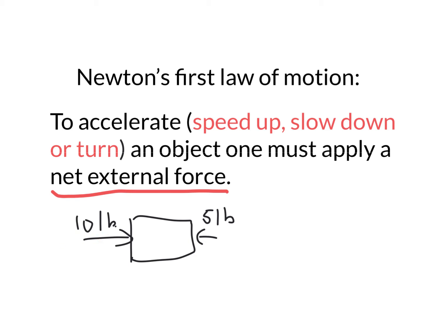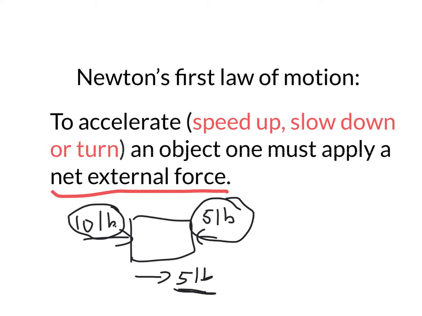And that box is going to go to the right. But it's going to go to the right as if it were being pushed by a single 5-pound force. That would be the net force because we've got 10 pounds in the positive direction and 5 pounds in the negative or the opposite direction. And so 10 minus 5 leaves you with 5 pounds, and that 5 pounds to the right would be the net force.